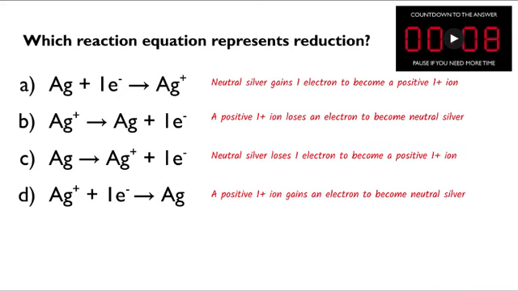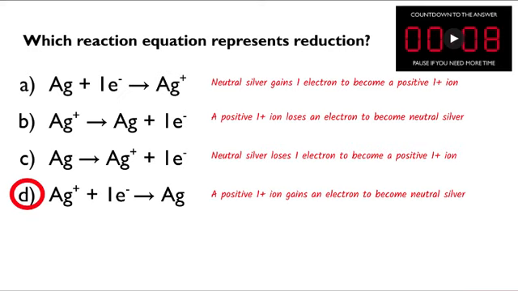So reduction is gaining electrons. So the question is if it's A or D. If neutral silver gains an electron, it's not going to become a positive ion. So the answer can't be A. The answer is D.